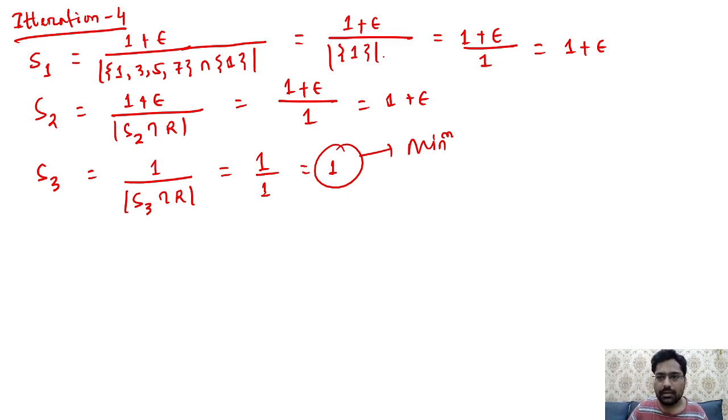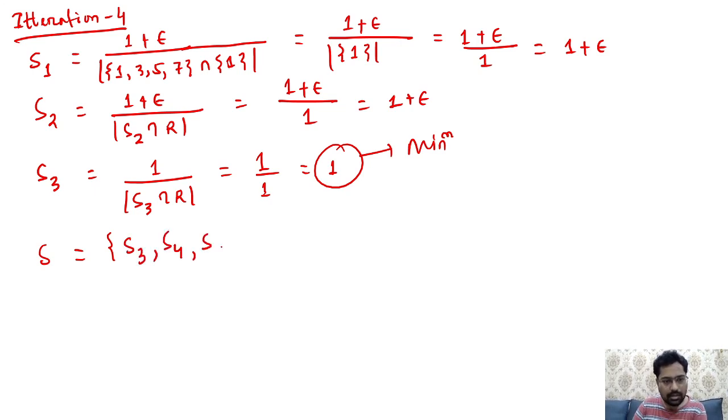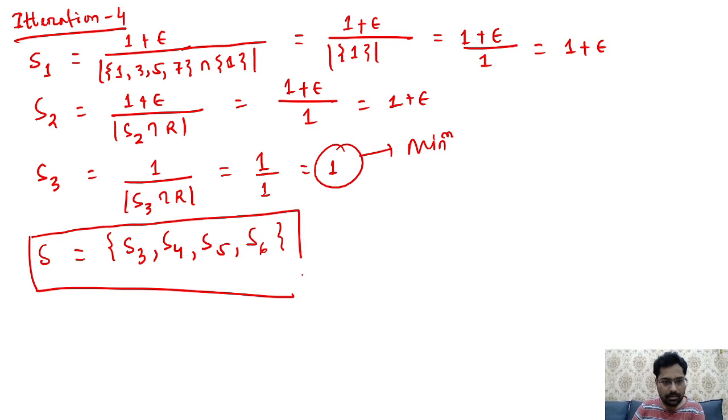So here it is minimum. So if it is minimum, then the S value is S3, S4, S5, S6. The weight they have gained is 1 plus 1 plus 1 plus 1, which is 4.